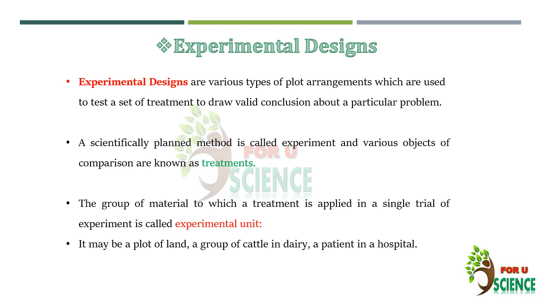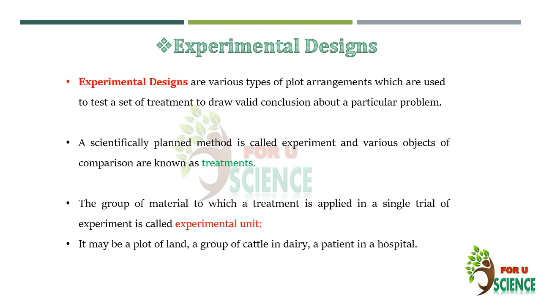Okay, and as you know, what is an experiment? Experiment is basically a scientifically planned method. And what does design mean? Design means designing or allocating or arranging different things. Like in our house, when we make our new house, we make arrangements of different things, like where there will be a bedroom, where there will be a storeroom, where there will be our study room.